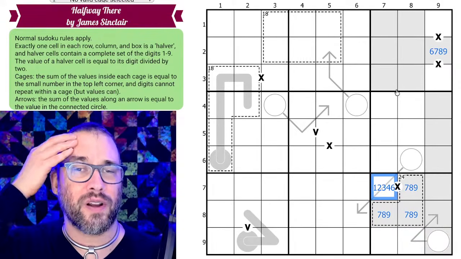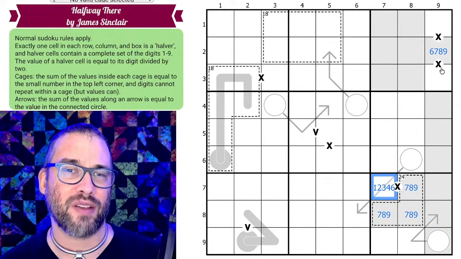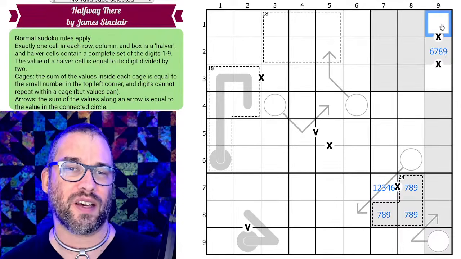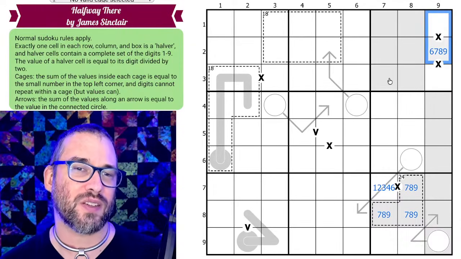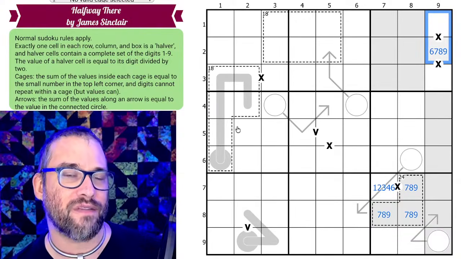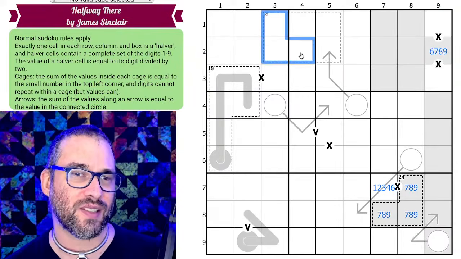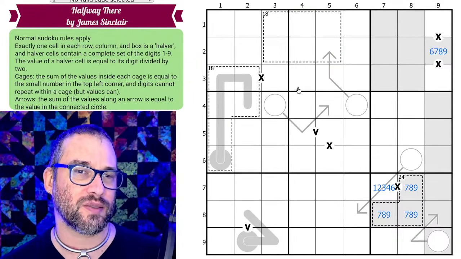Yeah, Wario Land asks if the XV is accounting for double half, or for halves. Yes, it is the values, not the digits, on X's and V's. All clues consider the values of the digits only, and not the digits themselves, except to say that actual digits can't repeat in cages.